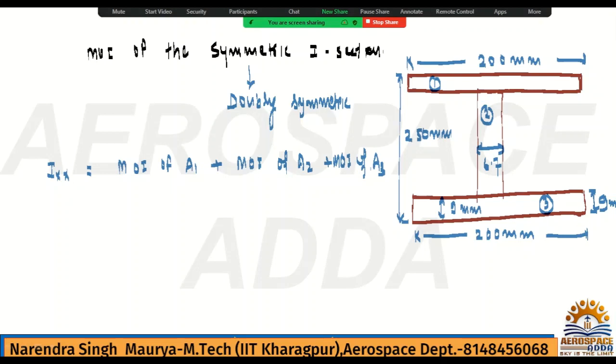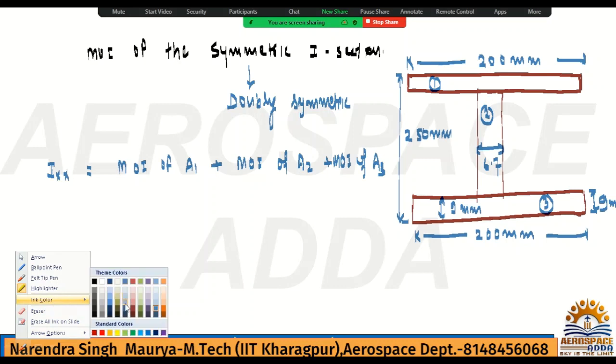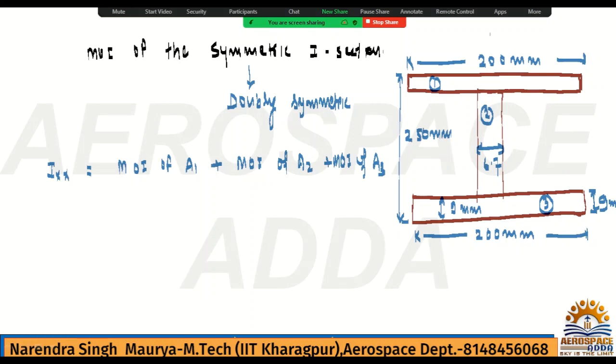It will be the 2. How would you know that? Also very important to know. I will draw the y axis here. This is the y axis. Just listen carefully, you will understand, it's very easy. This top is 200 mm, this is also 200 mm, this width is 9 mm, this width is also 9 mm because it is symmetric. In between it is 6.7, not 9 mm, but no problem.